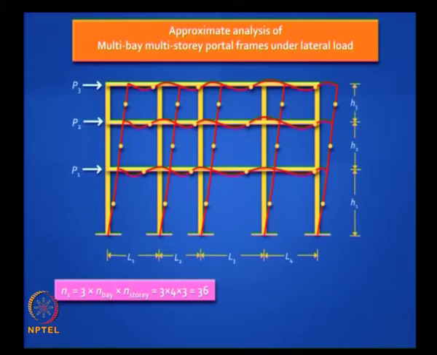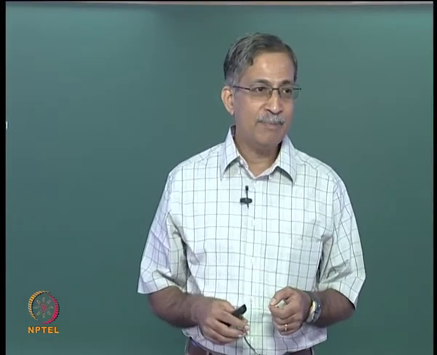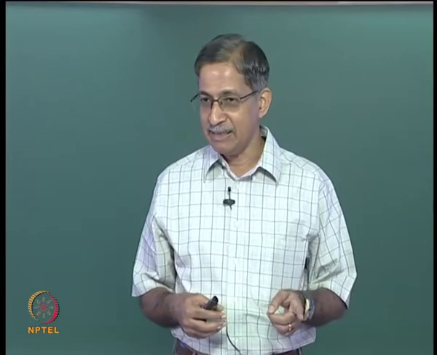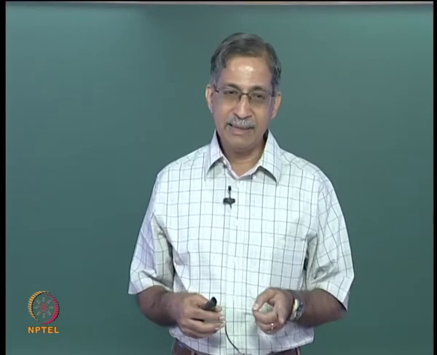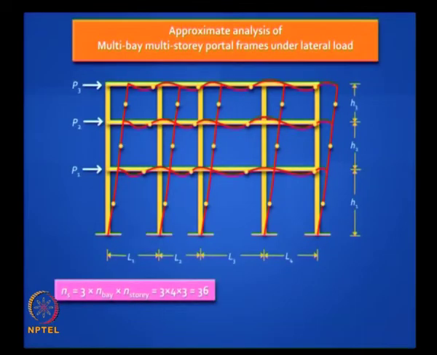So these are big assumptions we make, but they are still not good enough to make the frame statically determinate. You can see that the indeterminacy can be generalized. If you have n bays and n stories, then the total indeterminacy is 3 times n bay into n story, which in this case is 3 into 4 into 3, 36.